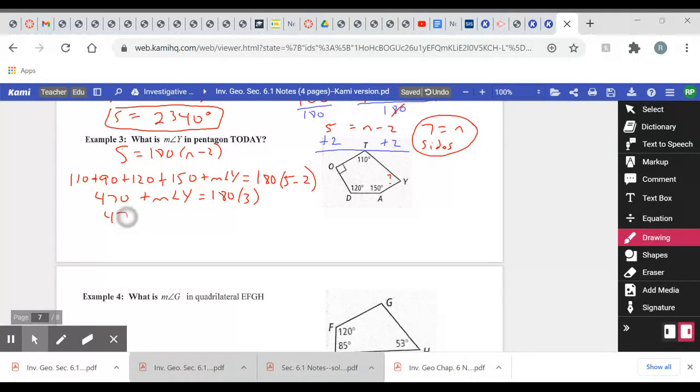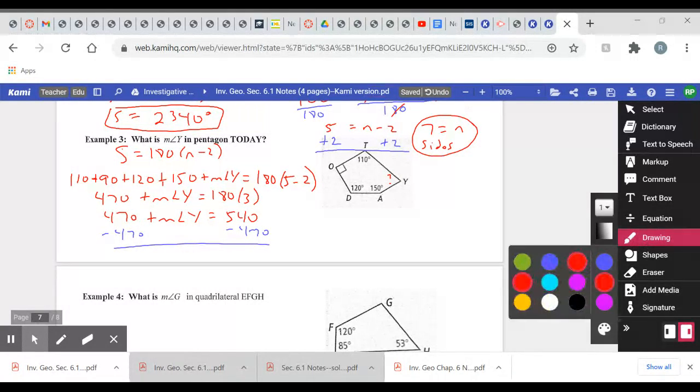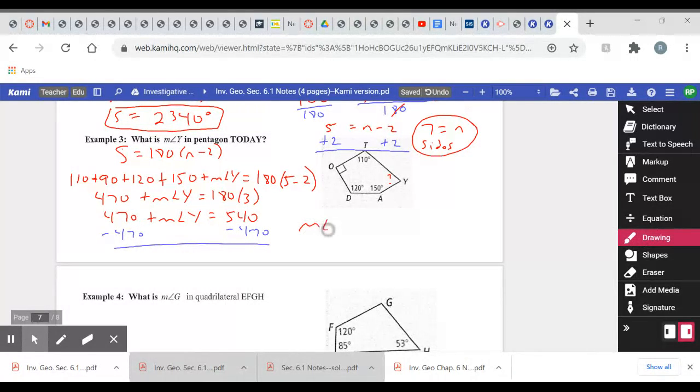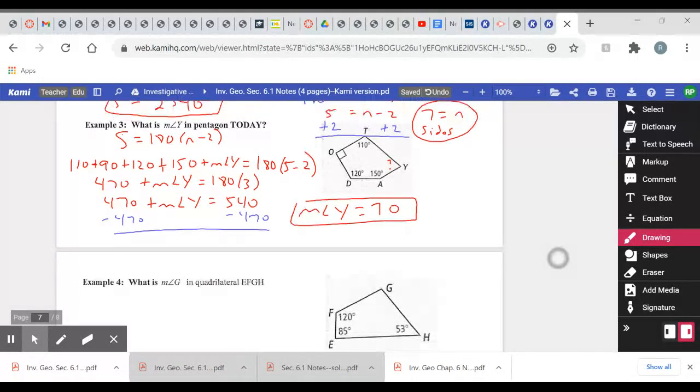Now I've got 470 plus the measure of angle y is equal to 180 times 3, which is 540. From there, if I subtract 470 from both sides, then I am left with the measure of angle y is equal to 70 degrees, because I did 540 minus 470 and got 70. So that's a way to use the formula to find a missing angle.